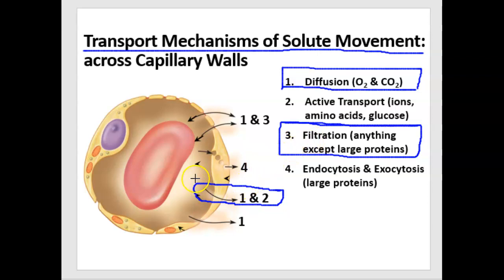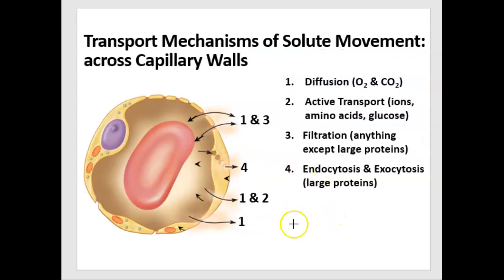So what happens instead is the physical, mechanical force of a substance will force it out of the capillary wall. And then finally, another transport mechanism by which solutes move is endocytosis and exocytosis through these vesicles. And I already mentioned that.